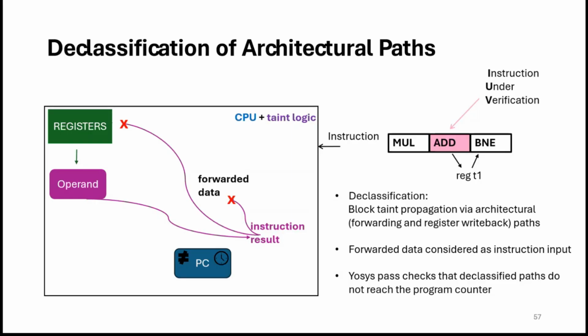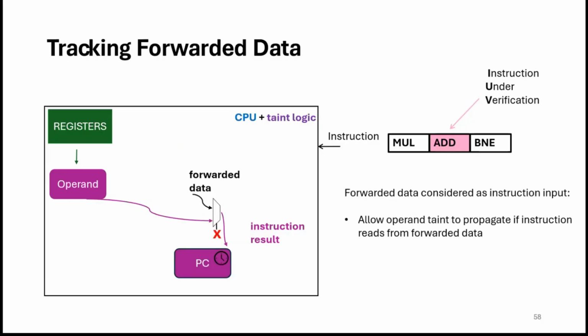If we do this, we also need to consider the forwarded data as an additional input, because the instruction could read from that path. And here we use a trick. We still taint-inject only on the operand when the data comes from the register, but we automatically identify the multiplexers in the design that decide whether data comes from the register file or from the forwarding path.